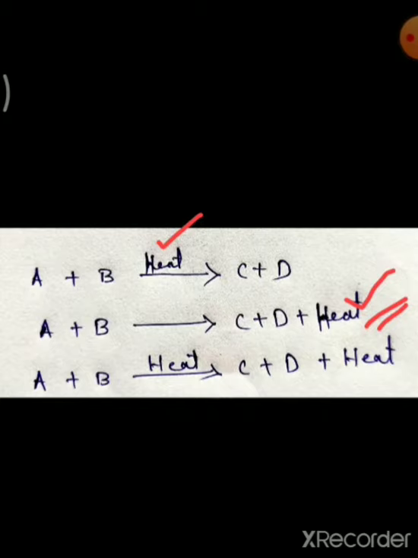Then here heat is written on the arrow mark, that means heat is a reactant and heat is on the product side also. So why is it written on the product side? If the amount of heat is greater than the amount of heat in the reactants, then it will be written on the product side. Okay, if you see heat on both sides, you have to understand that the heat on the product side is greater than the heat on the reactant side.